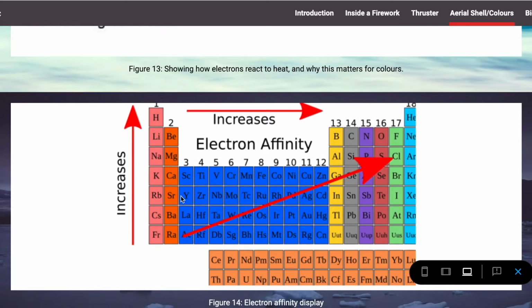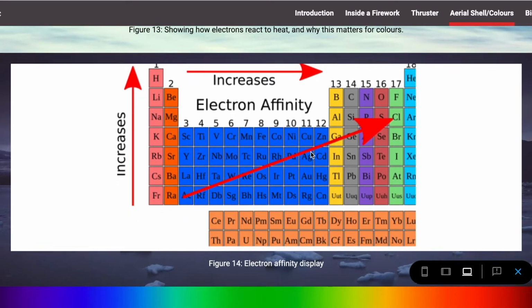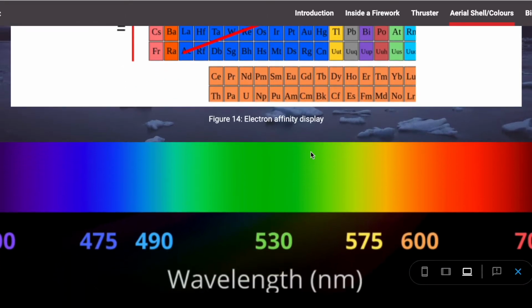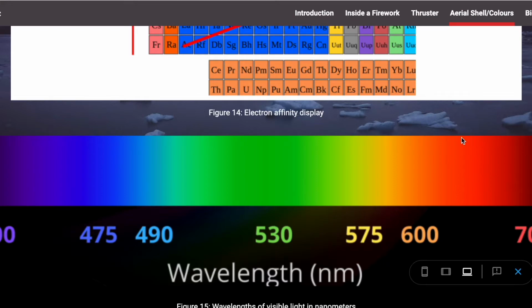Strontium has a lower electron affinity than sodium or aluminum or anything above here. Because of that, it generates a lot lower amount of energy, which creates a bigger wavelength in nanometers. For visible light for us, that's going to create a nice red glow.